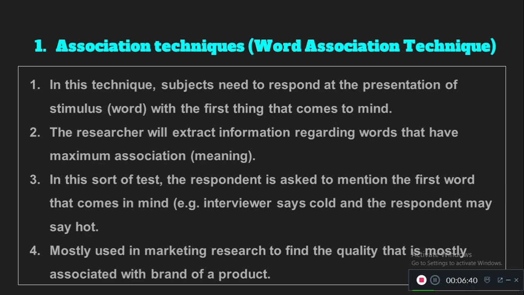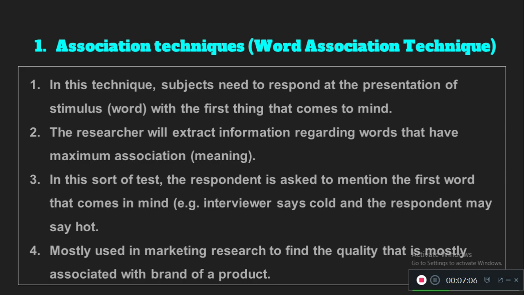Mostly this kind of technique is commonly used in marketing research to find the quality that is mostly associated with a brand of a product. For example, we say one product name, Nokia mobile, then the respondents say things like less cost, more effective.